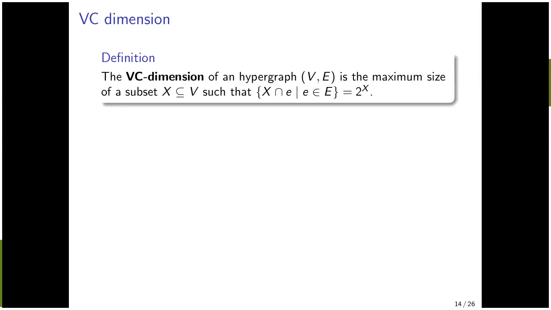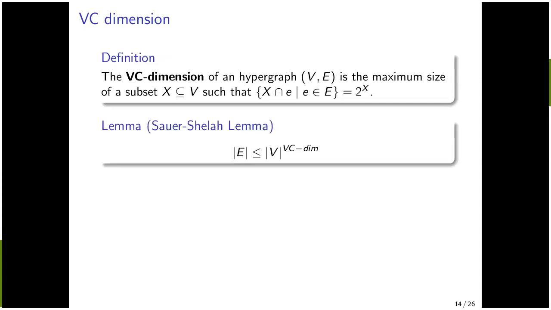It's the maximum size of a subset X of vertices such that when we look at the intersection between X and the hyperedges, we can get all the subsets of X. So all the subsets of X are realized by intersection with a hyperedge. And this dimension is the maximum size of such a set. So that's the definition of VC dimension.